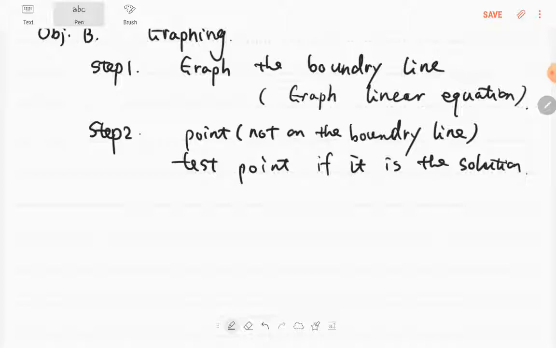This point can be any point not on the boundary line. Step 3, we get a conclusion from the test. If the point is the solution, then we should shade it.